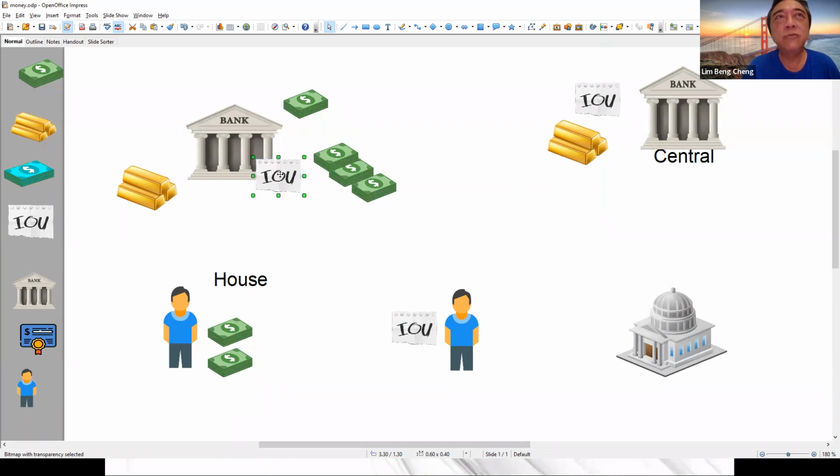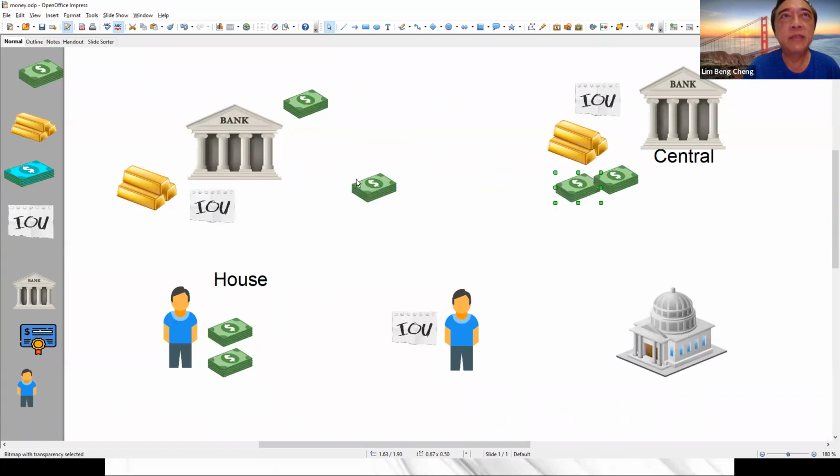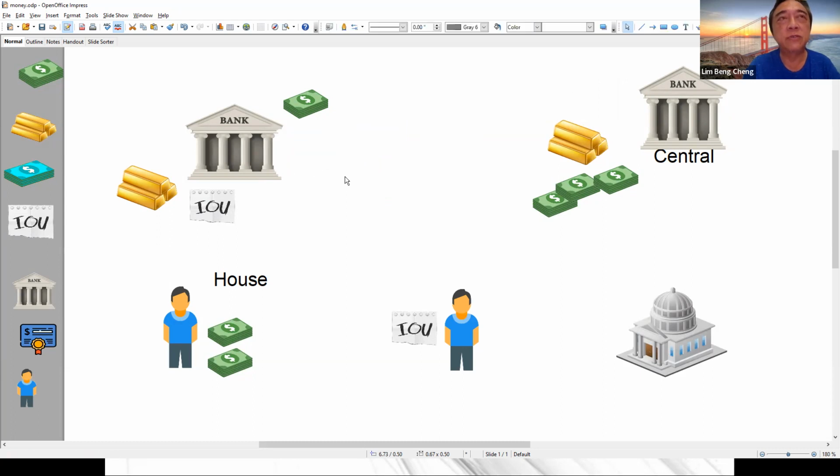So now this IOU is for the house, which this person owes him. So we put it here. So the bank can return this, get back this. But now, okay, we have another scenario. Now this bank returns this money, and then this IOU returns back to the bank, which is destroyed.